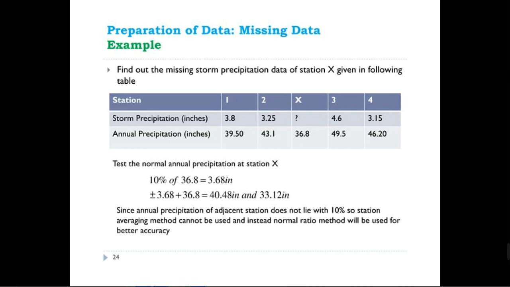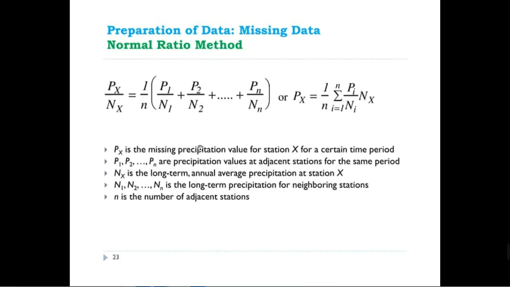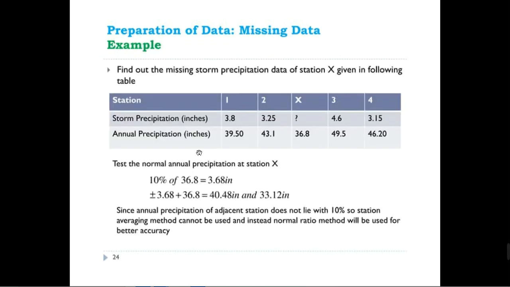The preparation of data, missing data. Find out the missing storm precipitation data of station X given in the following table. The normal annual precipitation at X is 10 percent of 30.6. What is the question? Find out the missing storm precipitation at X given the following.